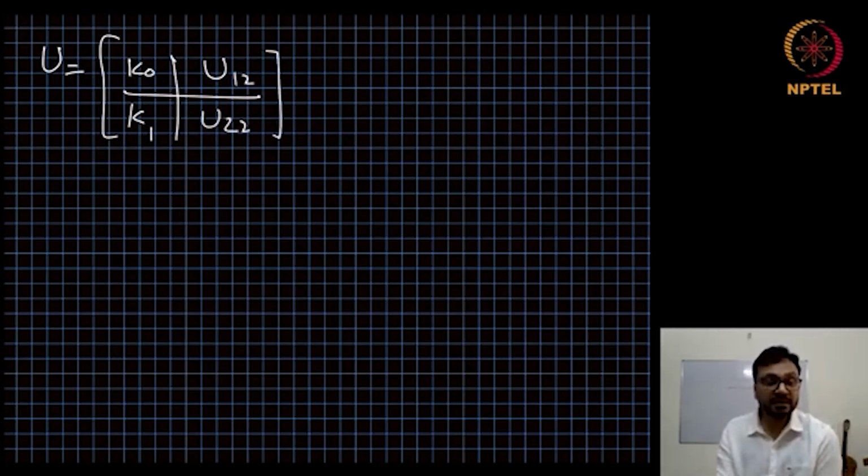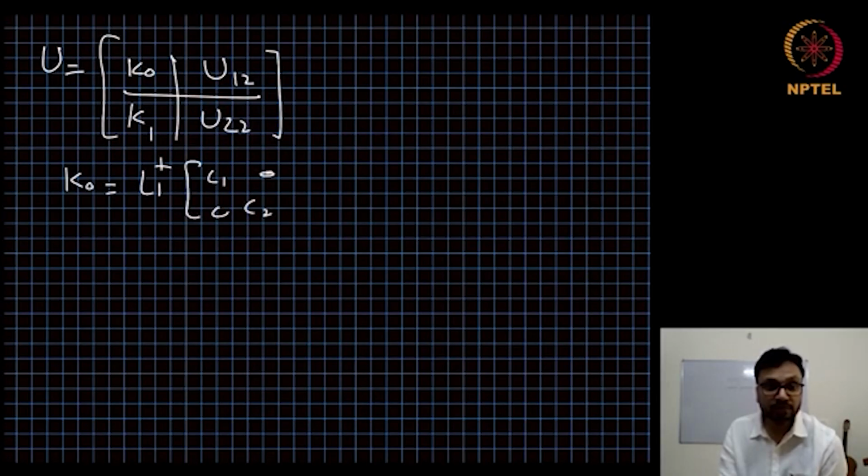By comparing this with the earlier discussion, we can see that K0 is L1 dagger, or let me write cos theta 1, cos theta 2, R1, and K1 is L2 dagger sin theta 1, sin theta 2, R1.